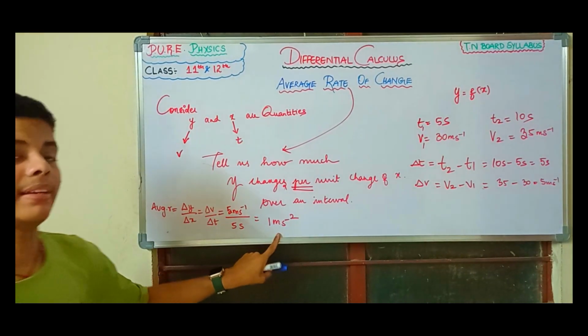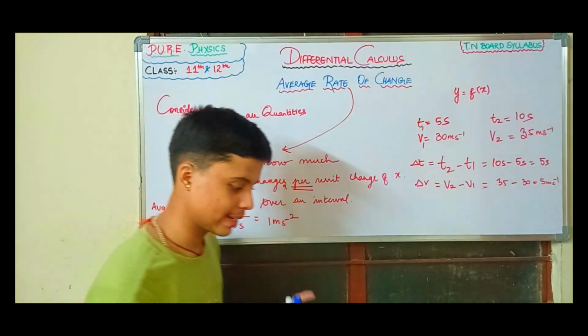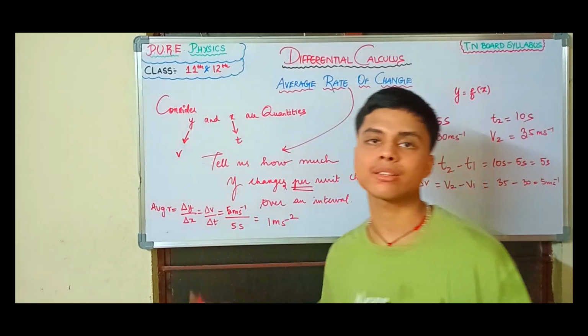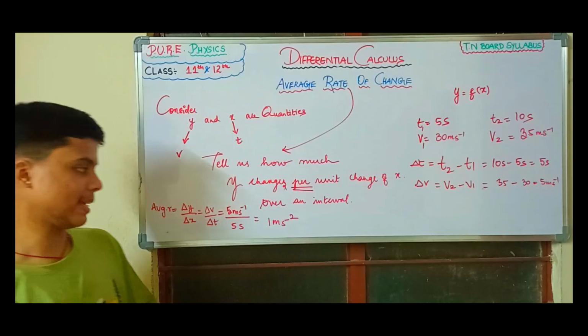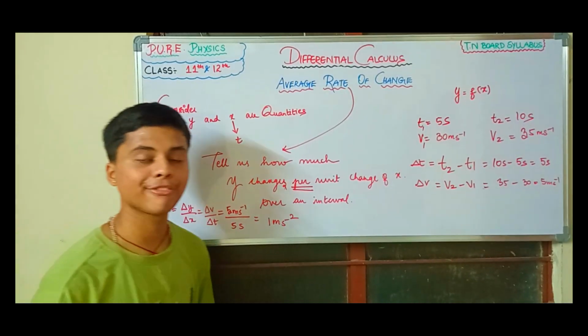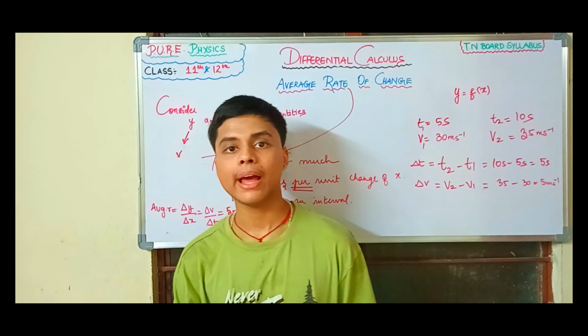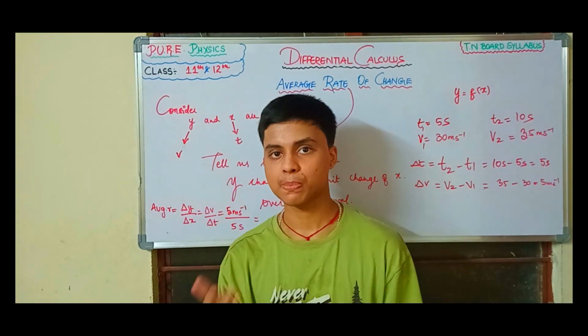That is acceleration. So this is called average acceleration. Average acceleration will be 1 meter per second square, because acceleration is defined as the first derivative of velocity with respect to time, or the rate of change of velocity, or change in velocity with respect to time.